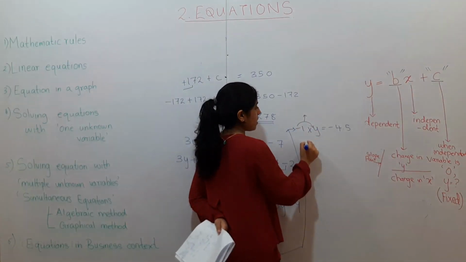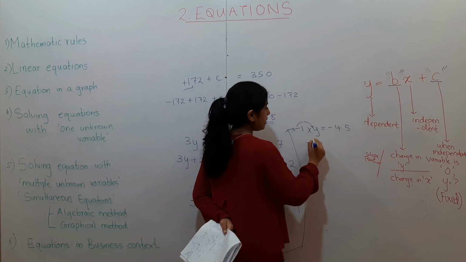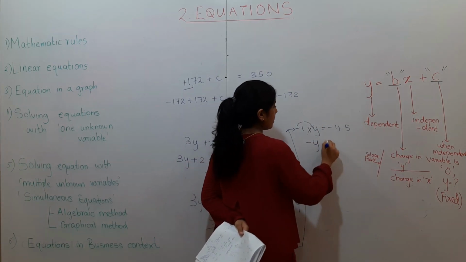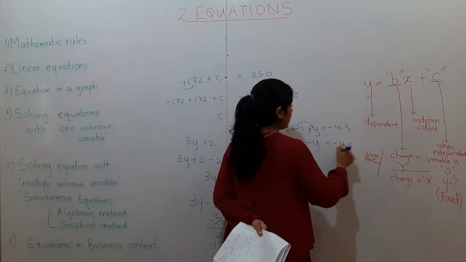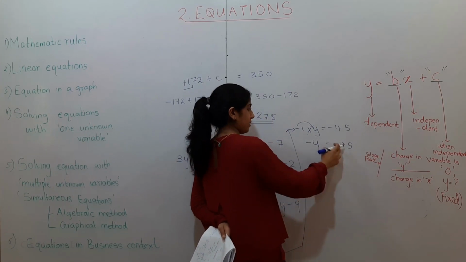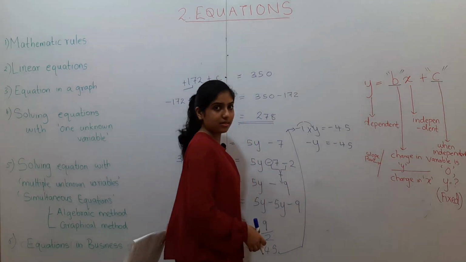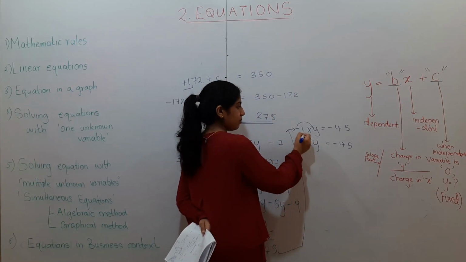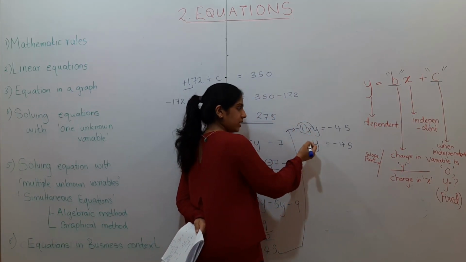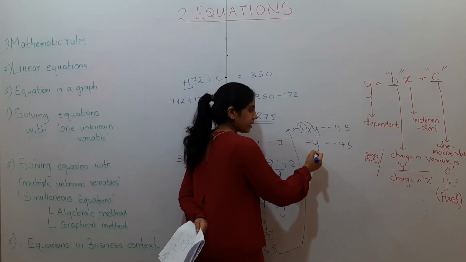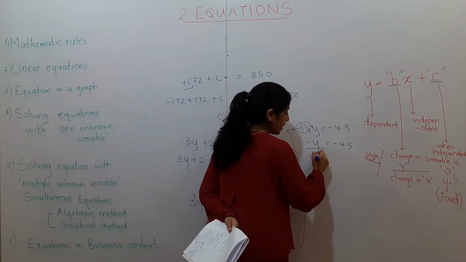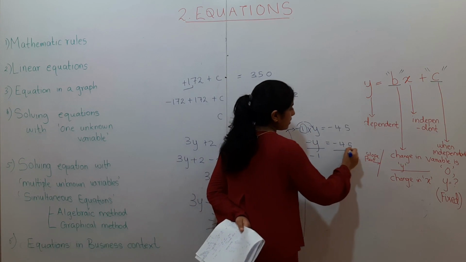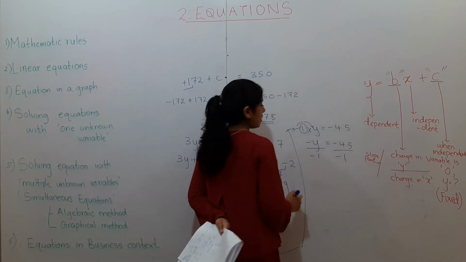So the answer will be minus y equals minus 4.5. Now this minus is very irritating, right? It doesn't make sense. So what? We know minus came because of minus 1. It is invisible here. So divide by minus 1 and divide by minus 1.